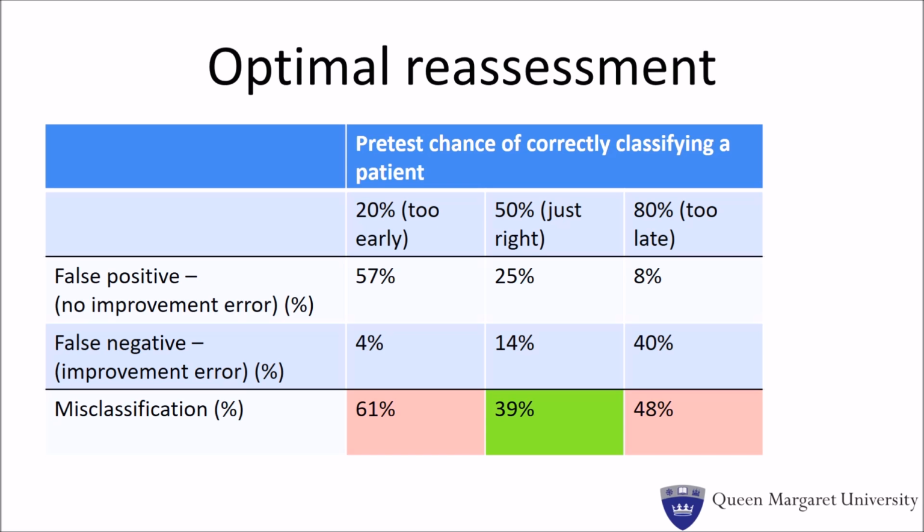Interestingly, the false positive is decreased, at 8% compared to when we optimally reassess them. Again, we are not just interested in the individual false positive or false negative, but we need to add them up together. If we add up these two errors together, we get a misclassification percentage of 48%, which is again much higher.